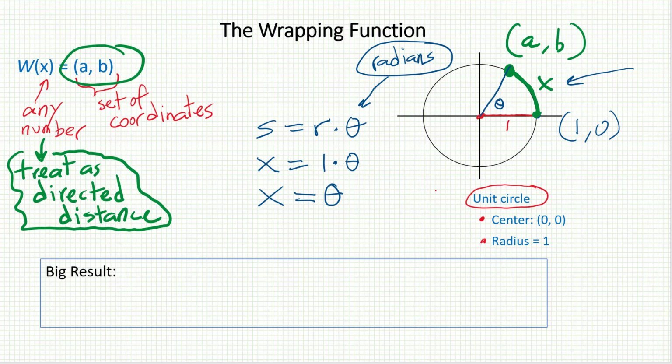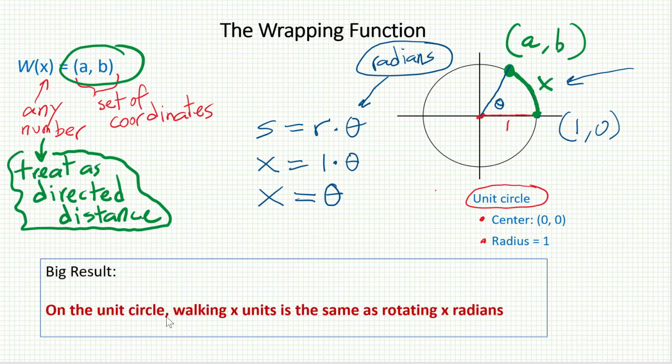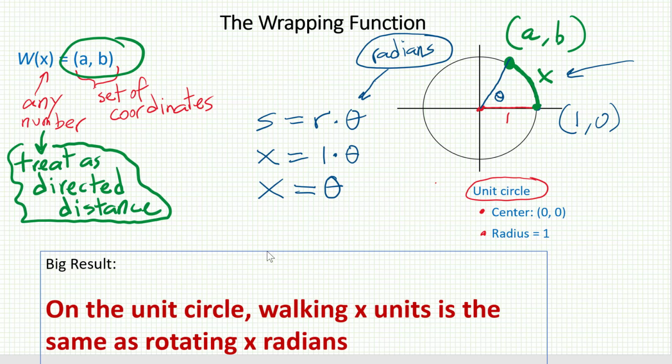Well, this is an amazing fact, and here's our big result. On the unit circle, walking x units is the same as rotating x radians. X and theta are the same number. This is a huge result. Seriously, this is a huge result because we've just found a way to link regular numbers with angles.